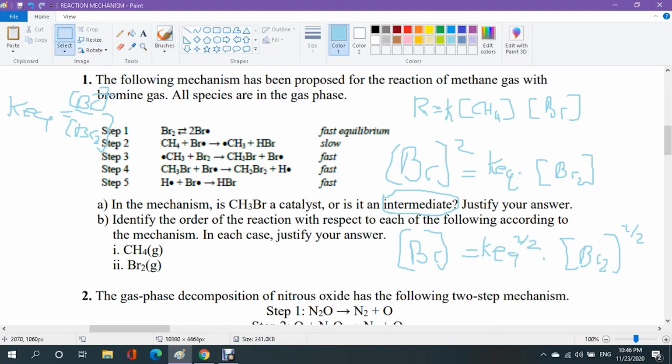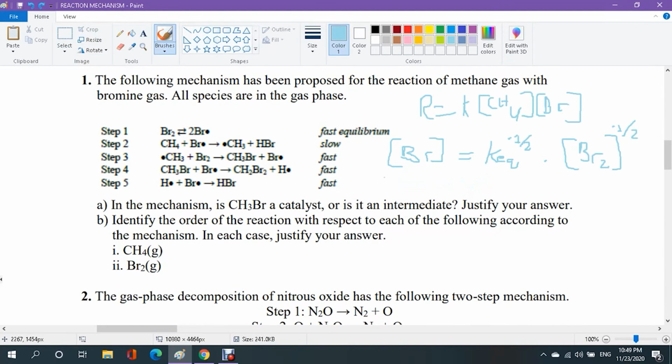Now let me just free up some space. Okay, so now that we have an expression for the concentration of Br, we can substitute it inside the rate law to get rid of the intermediate. So that would give us R, which is the rate law, equals k, which is the rate constant, multiplied by K equilibrium to the power of half, multiplied by the concentration of CH4, and finally multiplied by the concentration of Br2 to the power of half.